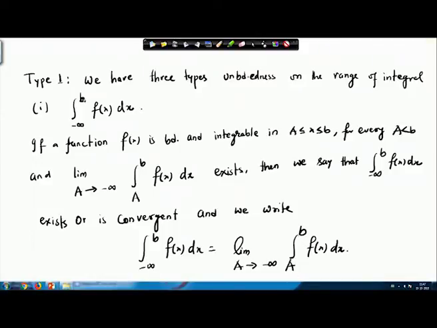In the type 1 category, another type of integral could be of this type. Let us say we have the integral from a to infinity f(x) dx.